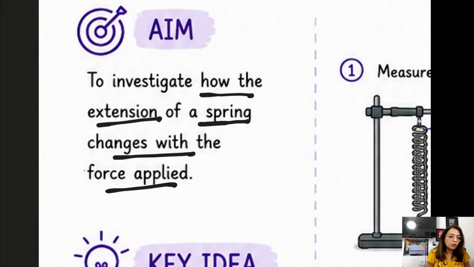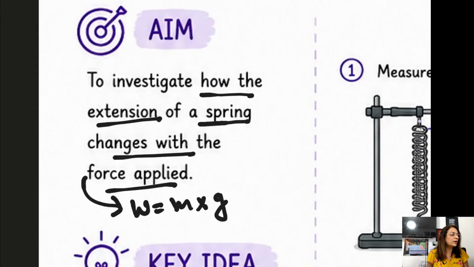Now remember, you know that it will be extended. That is our prediction. But the force that you have on the spring is equal to weight, which can be calculated using mass times gravity, or gravitational field strength. That is the key.